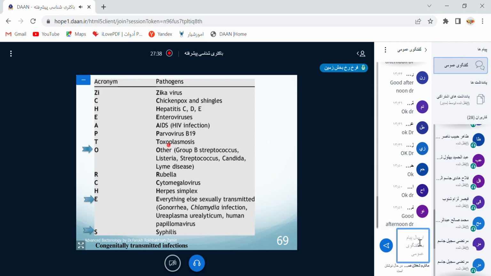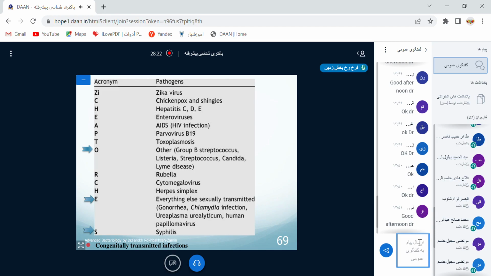But because our course is advanced bacteriology, mostly we focus on some bacteria. Among the others, like group B Streptococcus, Listeria, and yeast like Candida, Lyme disease, and everything else sexually transmitted, gonorrhea, chlamydia infection, Ureaplasma urealyticum, and syphilis are those bacterial pathogens which I showed by these arrows.